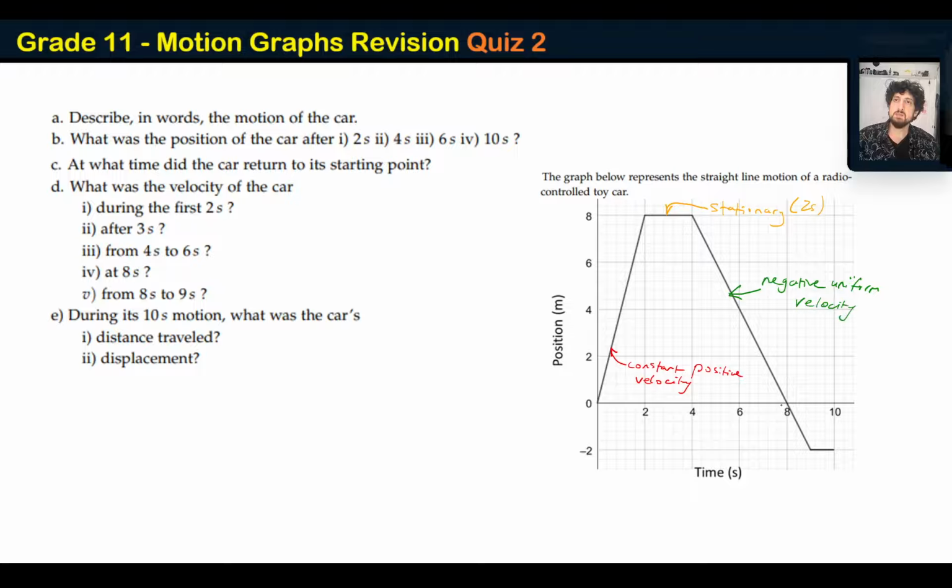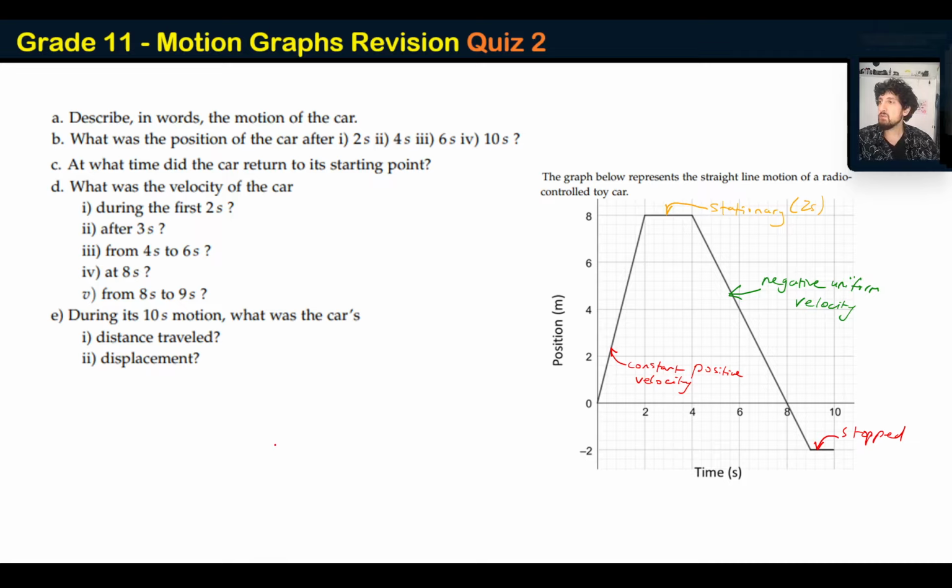And what happens here is we go past the starting point and we go all the way back, and then we stop again at -2. We stop again here. So that is, once again, red. That is going to be stopped. I could have used stationary, but I just want you to get used to the different terminology.